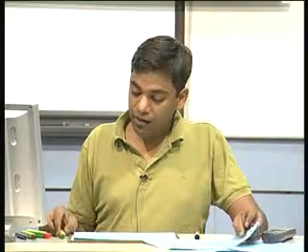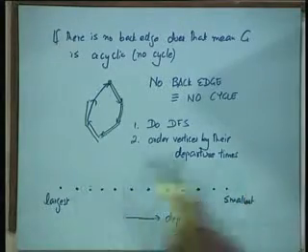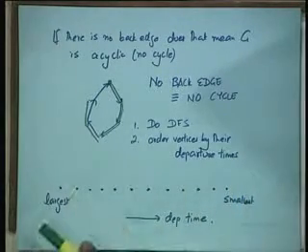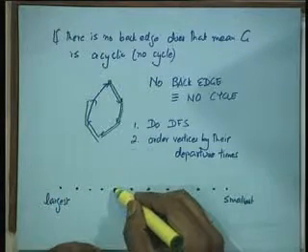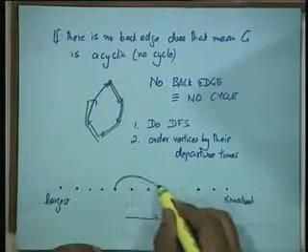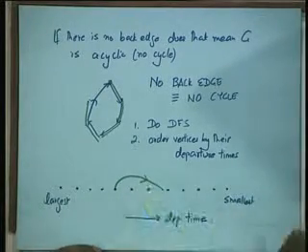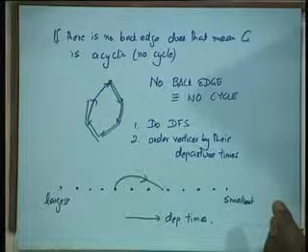So, if I have a forward edge, will it go from left to right or from right to left? If I have a forward edge, its tail would have a higher departure time. So, it would go from left to right. A forward edge would look like this. Okay.